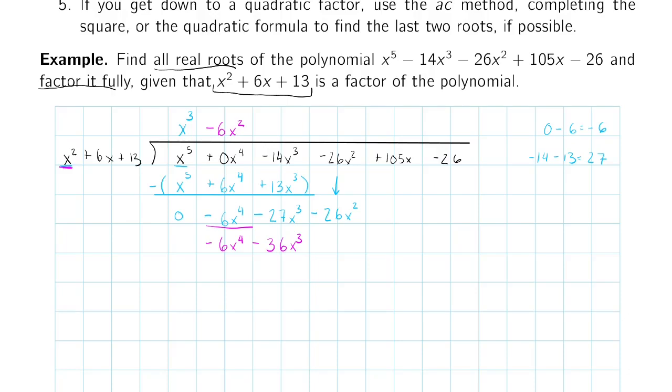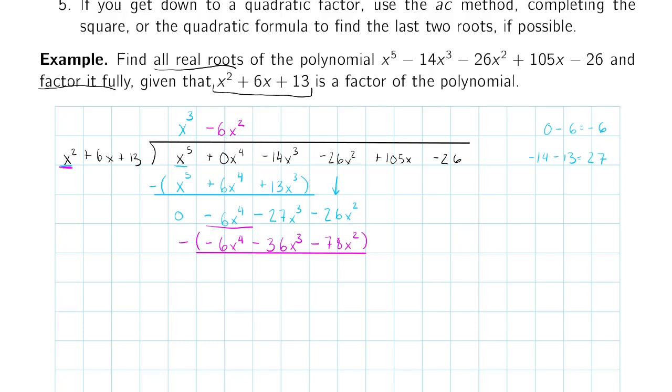Negative 6x squared times positive 13, that's going to be, oh, yuck, a negative 78x squared. Well, we're told that this is a factor, so eventually those unpleasant numbers are going to come out in the wash.